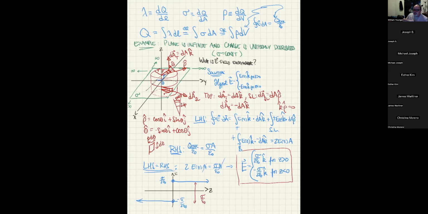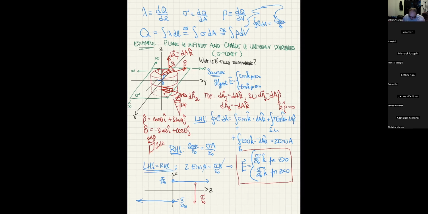If there's a surface charge, it's going to be discontinuous, and the amount it's going to be discontinuous by is exactly sigma over epsilon naught, and that's what we just found. So if you subtract sigma over 2 epsilon naught minus negative sigma over 2 epsilon naught, you get sigma over epsilon naught. So that's one thing that's kind of important.